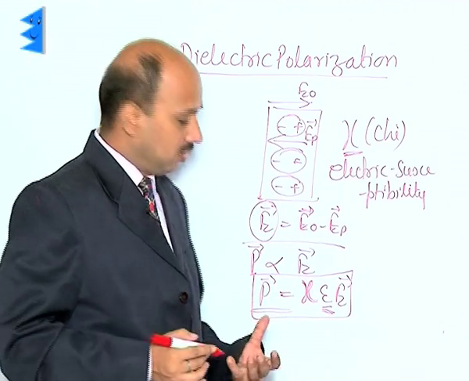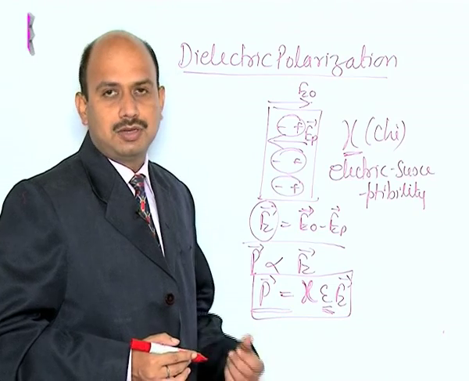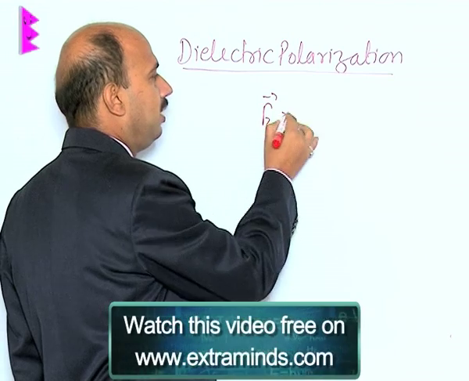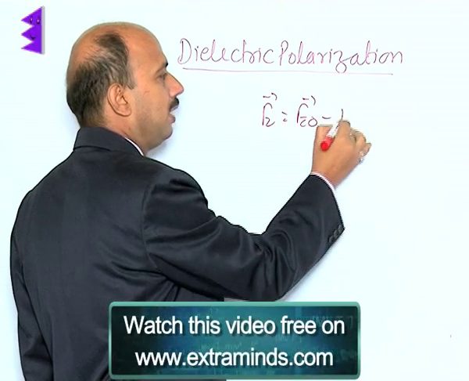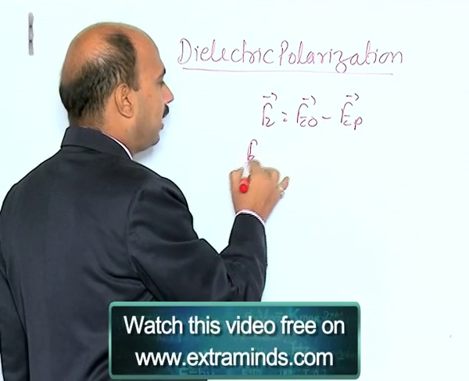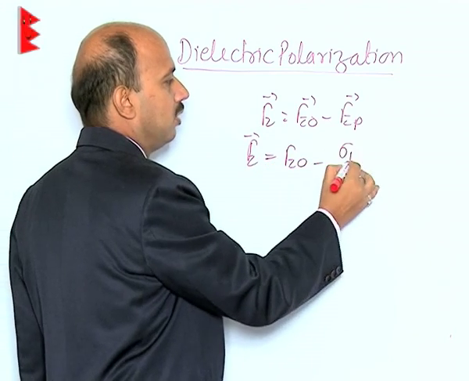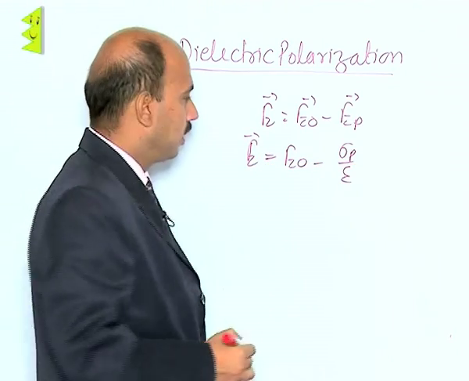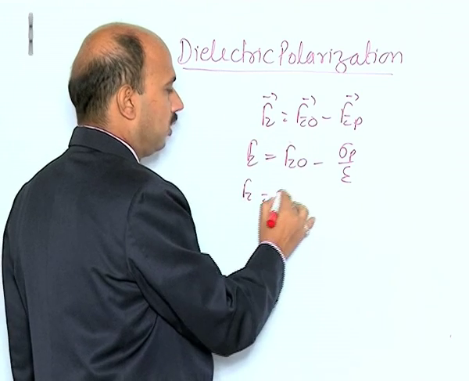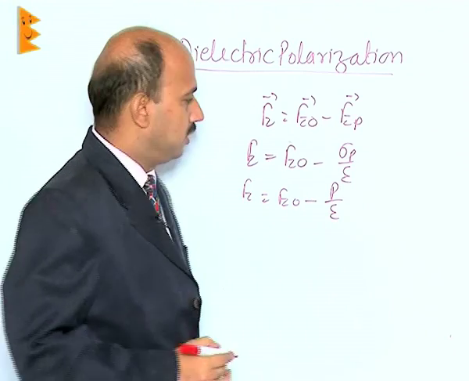Now let us discuss the relation between chi and the dielectric constant of the material. Inside the dielectric, the electric field E is equal to E naught minus EP, and this EP we can write as sigma P upon epsilon. So we can write E is equal to E naught minus P upon epsilon, where P is the polarization density.